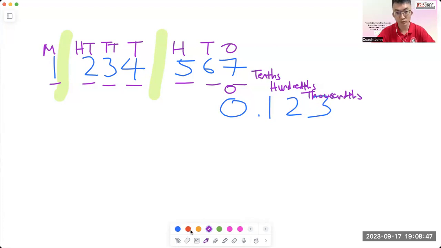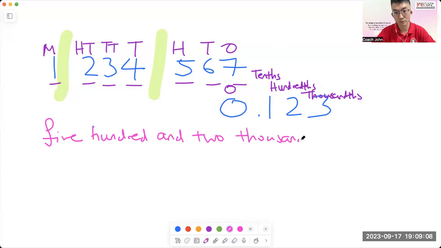What you need to take note if it ever comes out is, let's say you have 500 and 2,000 and 2.